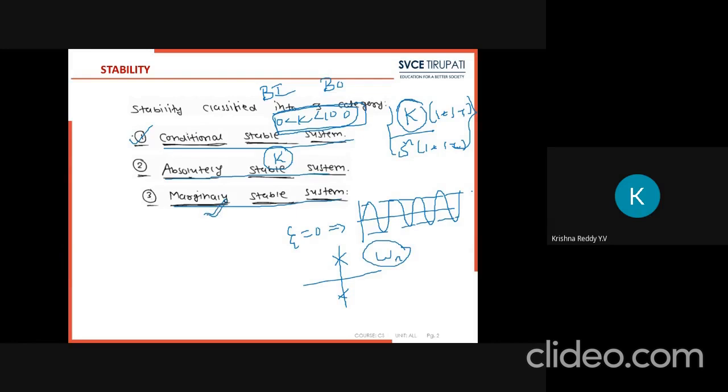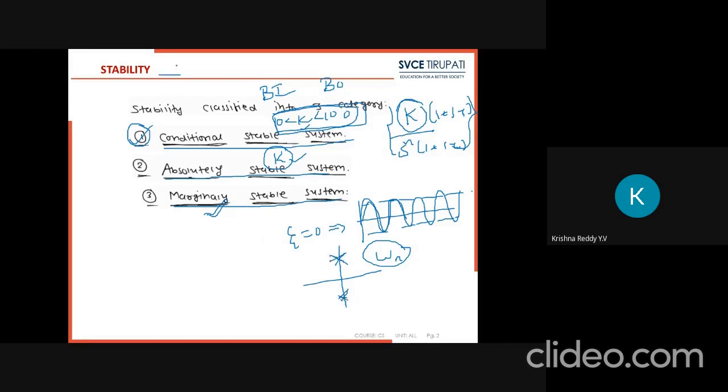Conditionally stable means the system is stable for a certain range of system gain. Absolutely stable means the system is stable for all values of system gain. Marginally stable means constant magnitude oscillations with the poles lying on the imaginary axis.